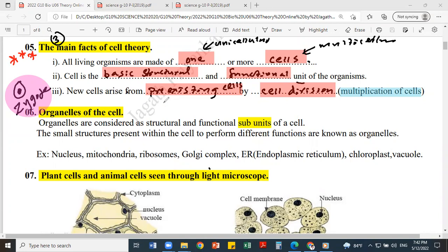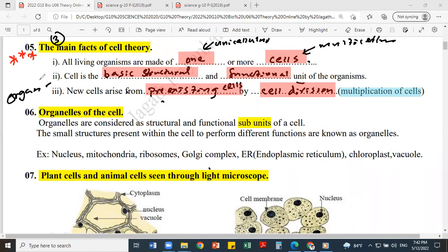Actually we are going to discuss how to observe these cells in the school laboratory. There's a small practical, and I'll show a video clip about that as well. If you take a cell, inside the cell what is found? Organelles. Don't mix up organs and organelles. Organs are heart, lungs, liver, kidney, brain. Look at this number 6: organelle and organ are two different things.